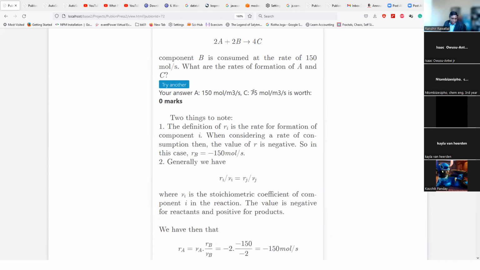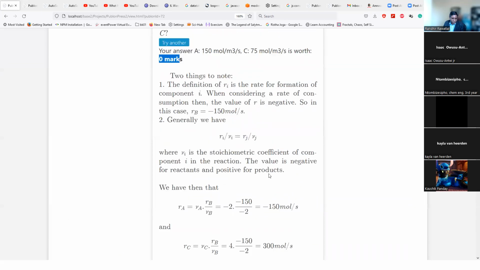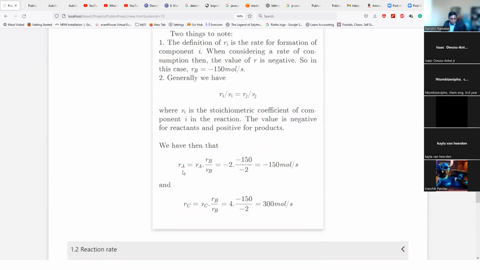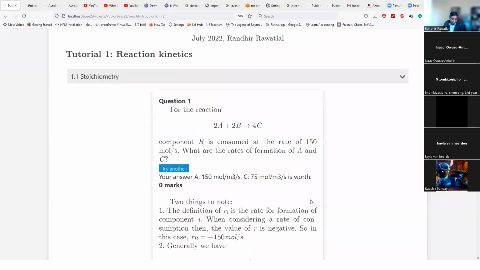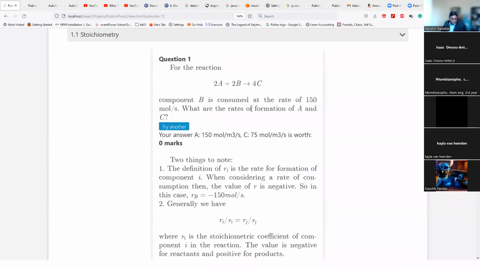It says that answer is not worth anything. So it gives you the solution to that there. So the correct answer here is minus 150, because it asks for the rates of formation of A and C. So B is consumed at 150 moles per second. So A will also be consumed at 150 moles per second.